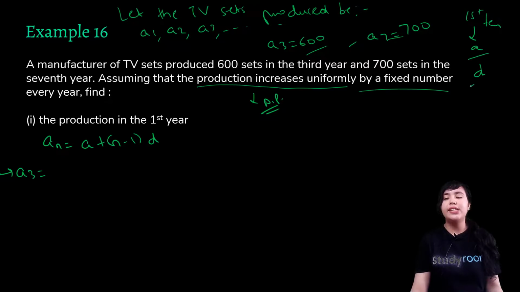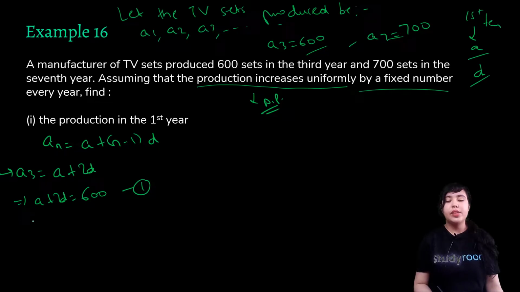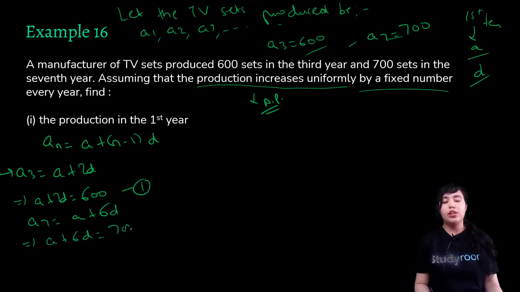Just write statements for assuming a and d. Then you can write A3 is equal to a plus 2d, and this a plus 2d is equal to 600. Make this equation number 1. Similarly, you can write for a7, that it is a plus (7 minus 1), 6d. It is already given to you as 700, which means a plus 6d is equal to 700.